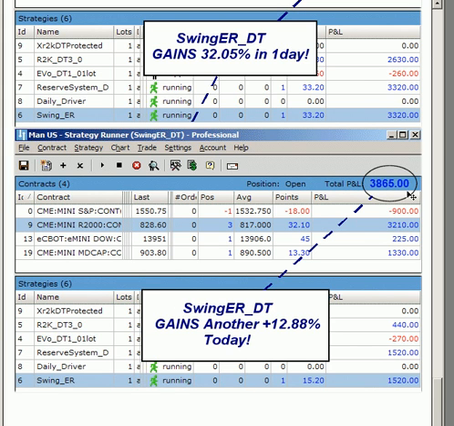So a nice little $1,200 gain yesterday, roughly. So a nice 40% move for our Swinger DT portfolio, and it's nice to not be giving any of it back. And again, non-correlated, non-optimized trading strategies combined to attack 4 different markets is the key to minimizing risk while at the same time capturing the upside.